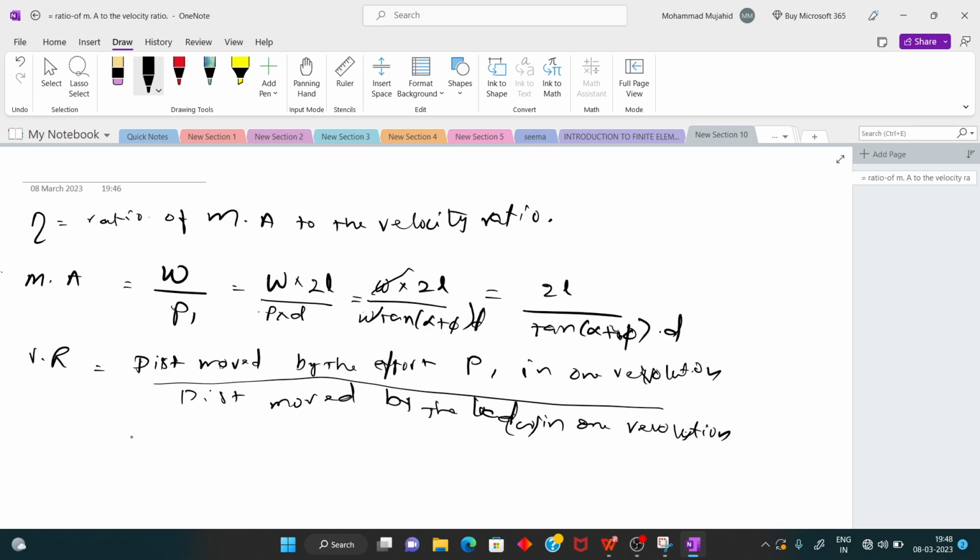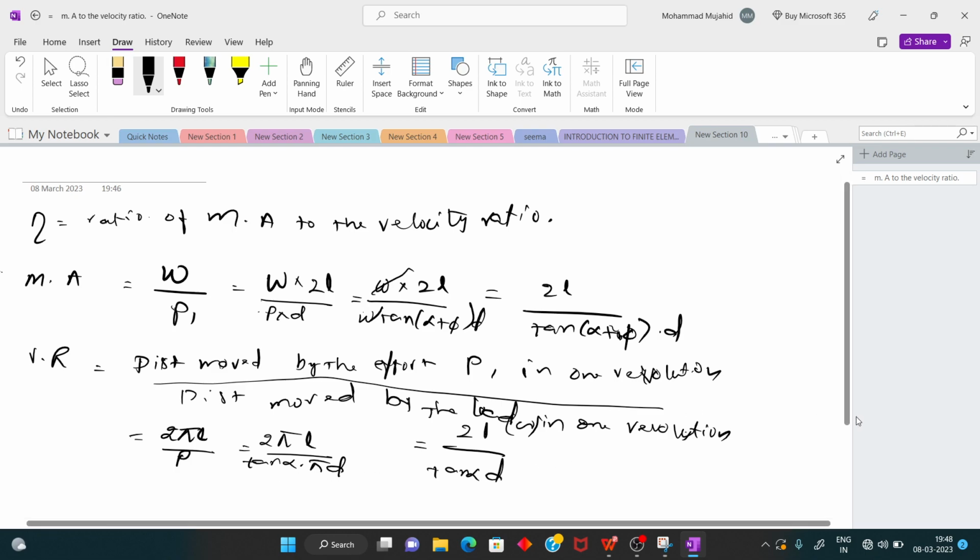The distance moved by the effort P1 in one revolution is 2 pi into L, that is the length of the lever. The distance moved by the load is the pitch P. So we know that 2 pi L by P means tan alpha into pi D, equal to 2L by tan alpha into D.